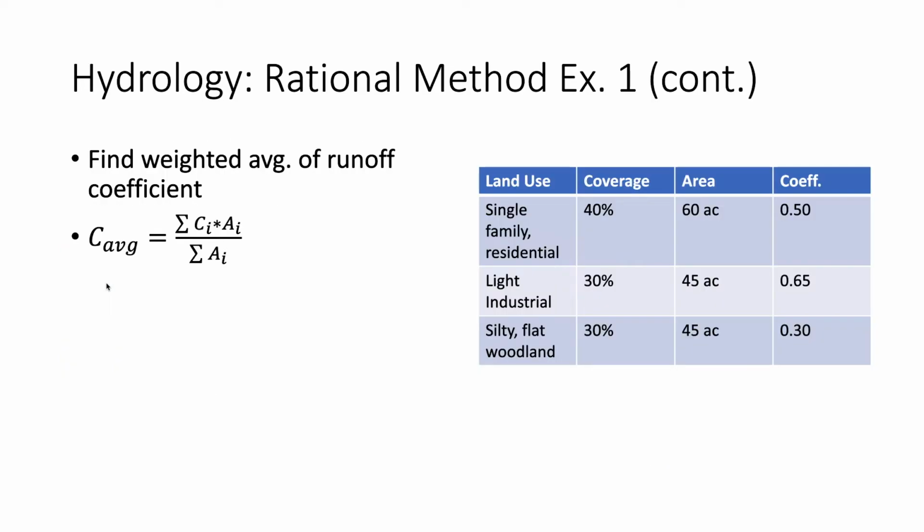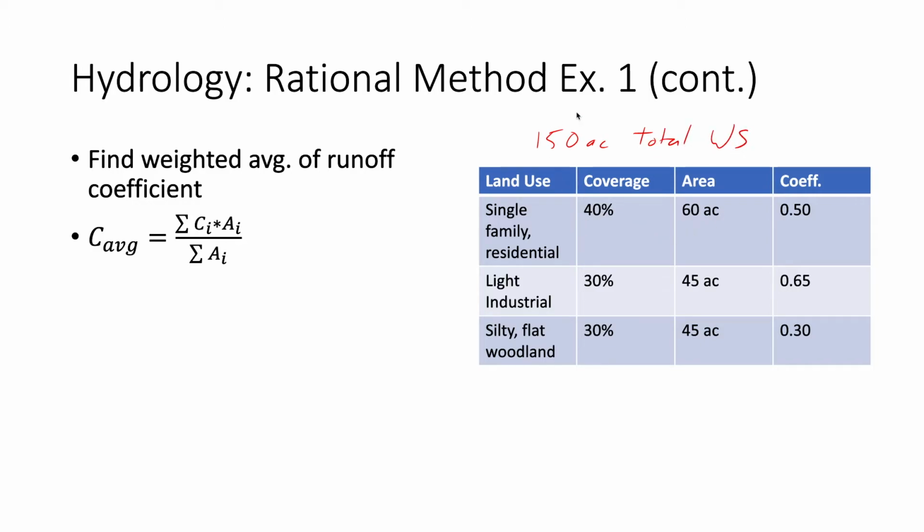Okay, welcome back. Hope that went well. So let's get started on this. All right. So what was mentioned, you're going to want to do a weighted average. The easiest way to do that is to multiply your area. So we have 150 AC for our total watershed.